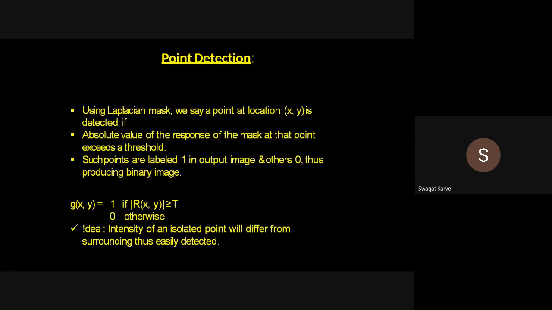By using edge detection, we are simply separating a particular object or shape from that image or from the background. For that, we are using edge segmentation.